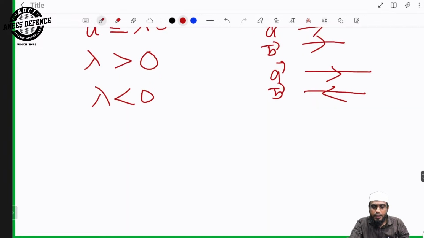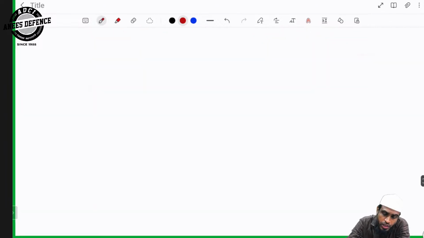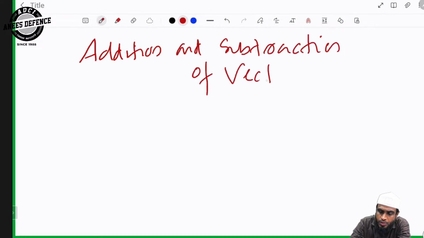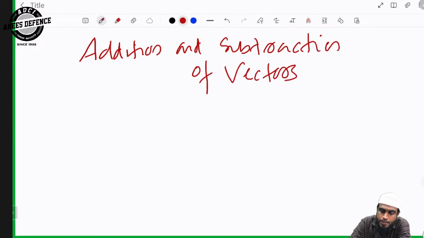Then addition and subtraction of two vectors. Here we have to discuss two types.